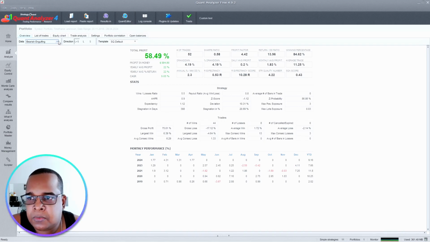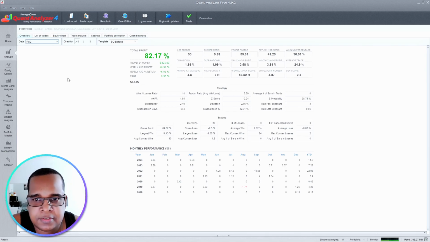So let me look now at the RSI 2, which is based on Larry Connors' RSI strategy. Even less trades, and the percentage was even lower for most of the years, but then 2022 we had a good year with 22%, right?